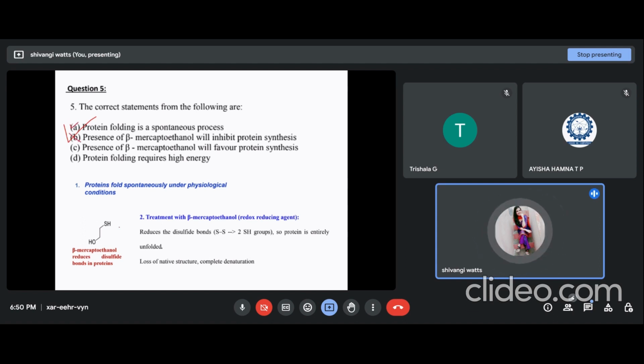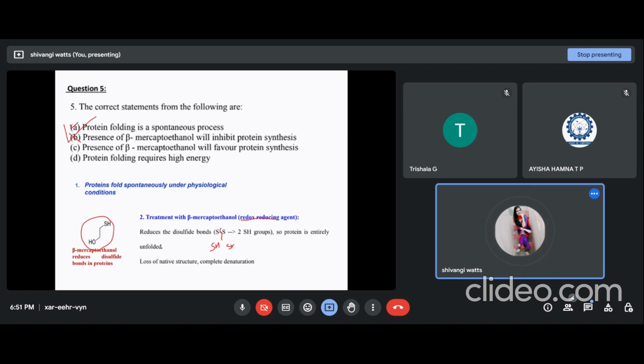Now, presence of beta mercaptoethanol. This is beta mercaptoethanol. As it is a reducing agent, a redox reducing agent, it reduces the disulfide bonds. This will reduce the disulfide bond and lead to the formation of SH and SH.